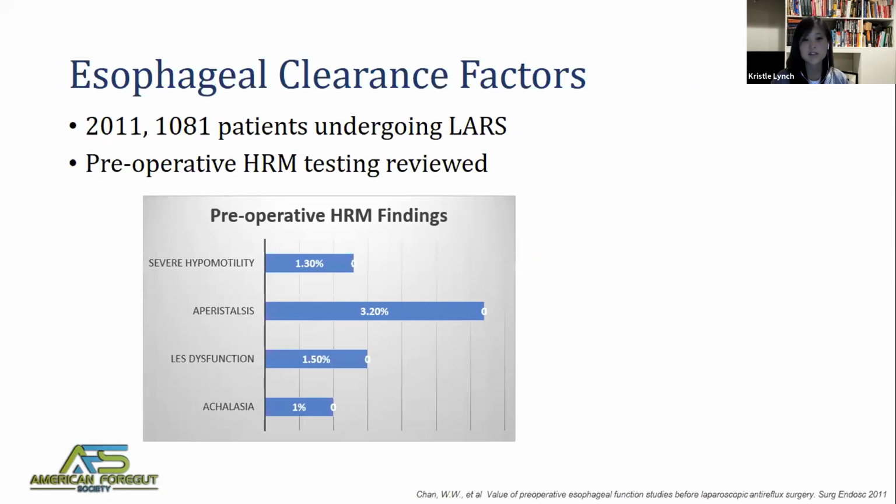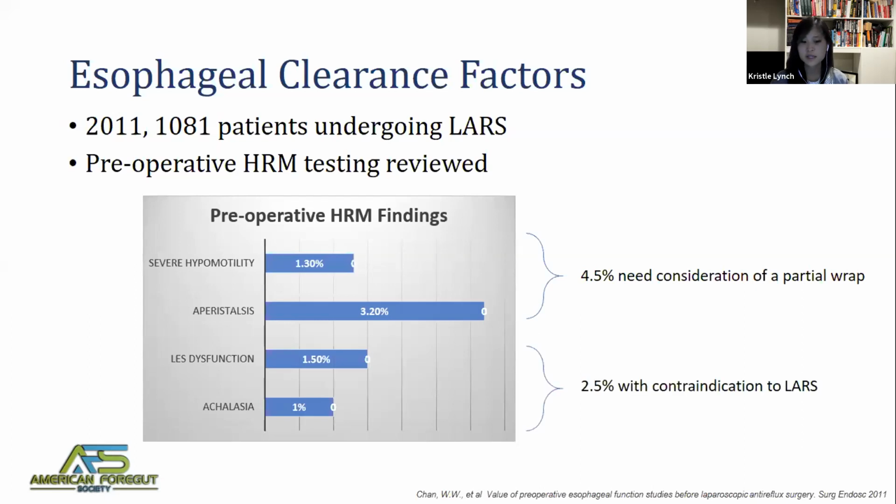So yes, these numbers seem very low, but with patients with hypomotility and aperistalsis, these patients should be considered, or at least have a discussion about a partial wrap. So that's 4.5% of patients who require additional discussion.